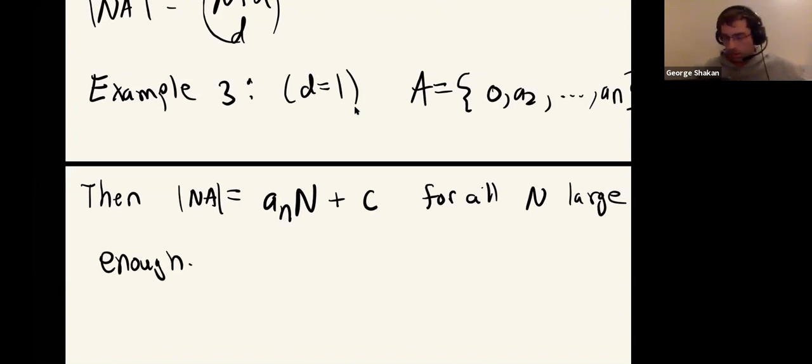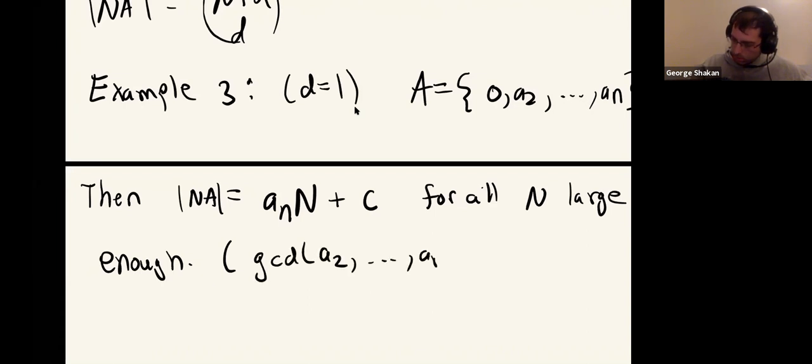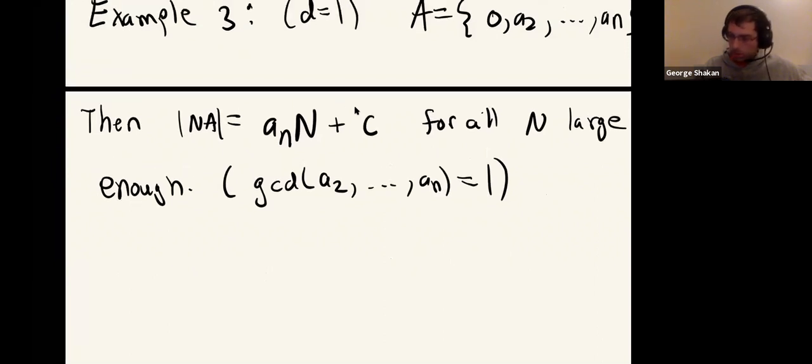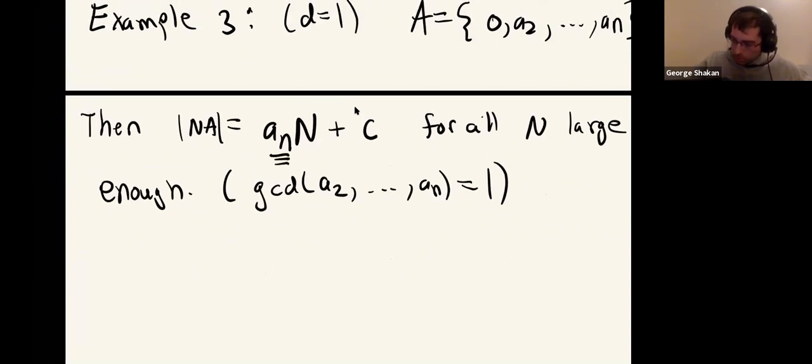When I say for all n large enough, I just mean there exists some n naught such that for all n larger than n naught, this is true. I should make sure, I mentioned this right at the beginning, that the GCD is 1. You don't really need this for what I said, but you do really need this if you want to compute this coefficient exactly.